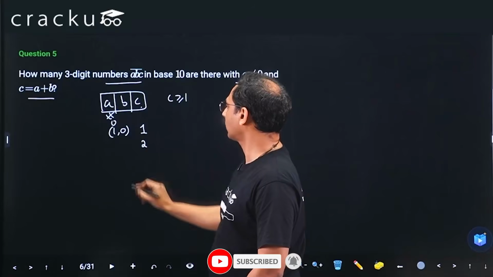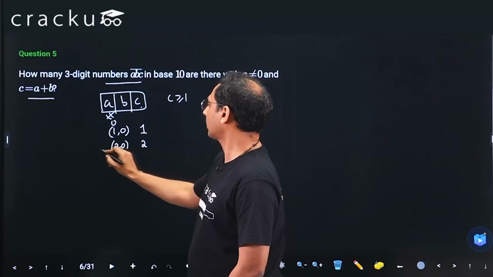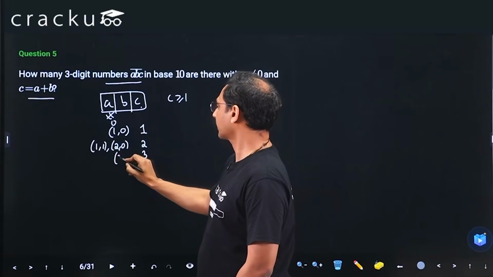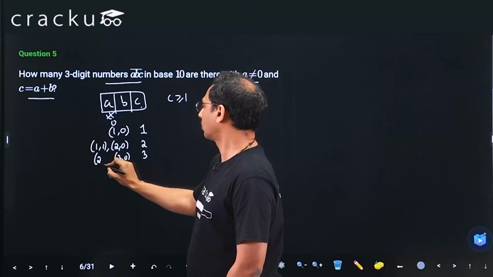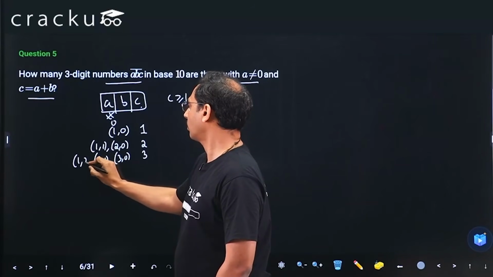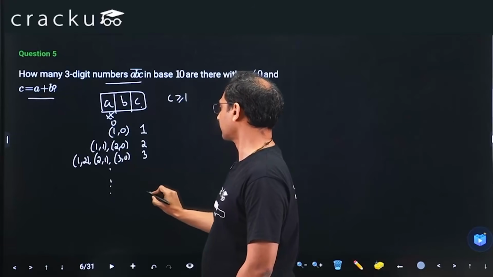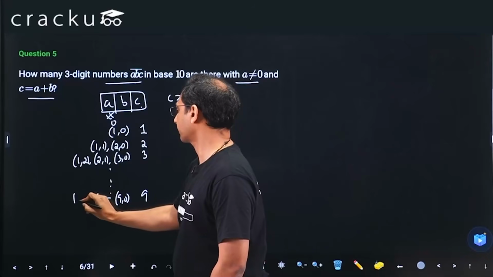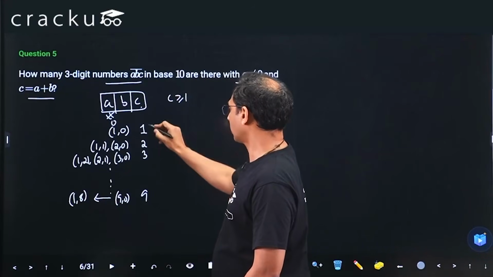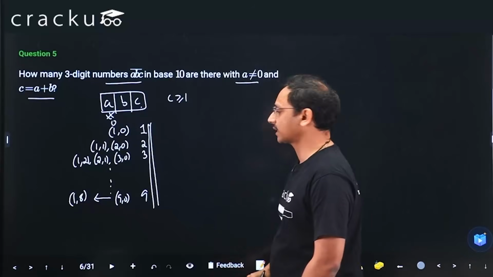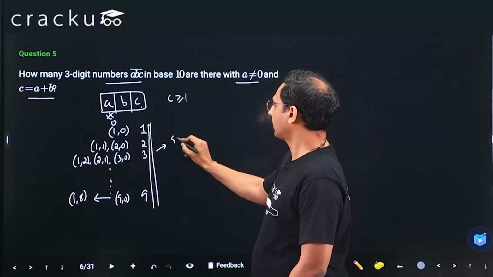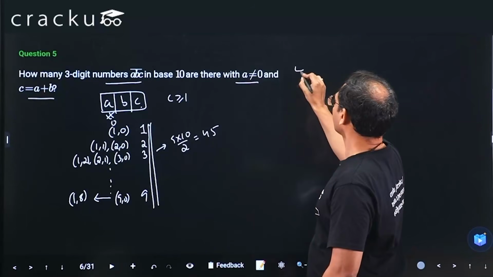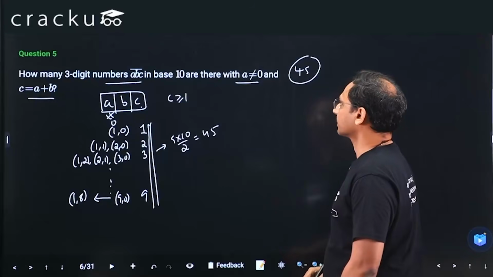If I put C equal to 2, this could be 2, 0 or 1, 1. If I put C equal to 3, 3, 0, 2, 1 and 1, 2 and so on. If I put C equal to 9, I'll get from 9, 0 to 1, 8. The total number of possibilities is the sum of the first 9 natural numbers, which will be 9 into 10 by 2, or 45. That is the answer for the fifth question.